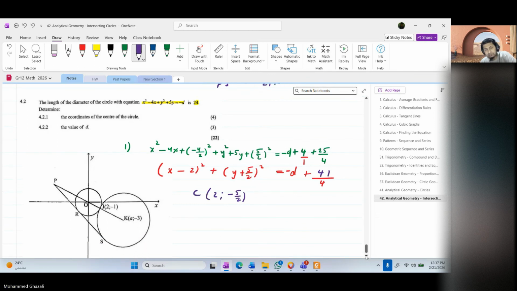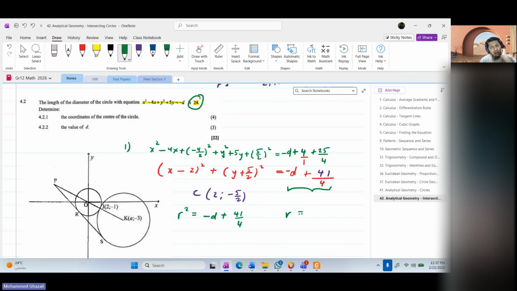Now, see what they said, the diameter is 24. Now remember, this entire thing over here is r squared. R squared is equal to 41 over 4 minus d, or minus d plus 41 over 4. That's what r squared is.